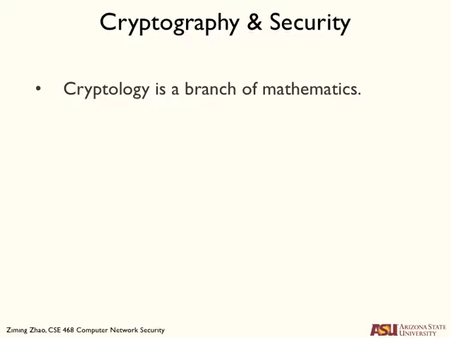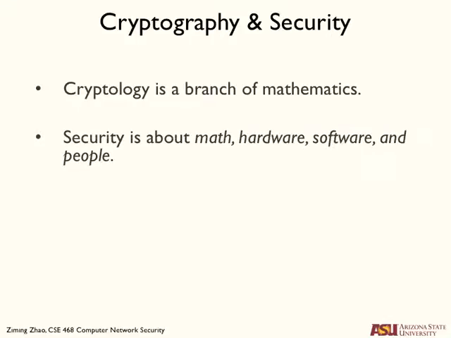So what is the relationship between cryptography and security? Obviously, we talked about this several times. Cryptography is like the foundation for security. It offers the mechanisms to achieve those security objectives. However, cryptography is actually a branch of mathematics, so all the great cryptographers are mathematicians. But security is different.